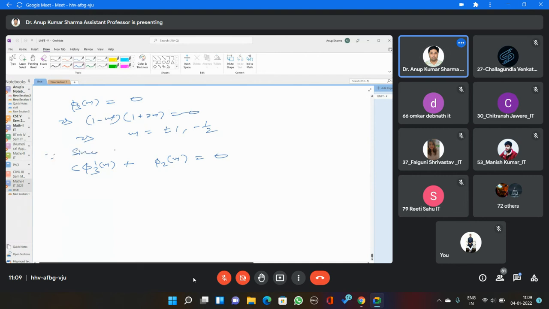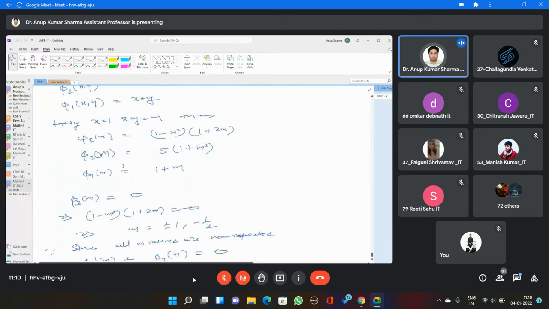Since all m values are non-repeated, only one expression will work, or you can directly write in this manner: c is equal to minus phi 2 of m upon phi 3 dash of m. Phi 2 of m is how much?